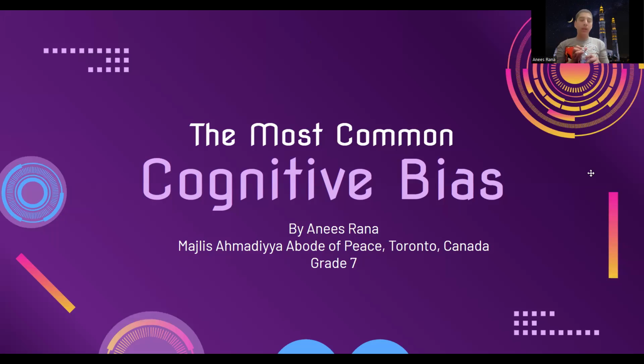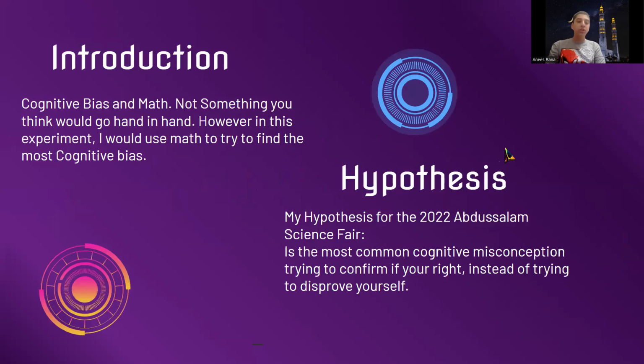My project for the Abdussalam Science Fair today is the most common cognitive bias. Introduction. Cognitive bias and math. Not something you would think would go hand in hand. However, in this experiment, I would use math to try to figure out the most common cognitive bias.